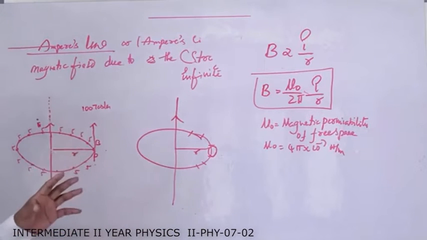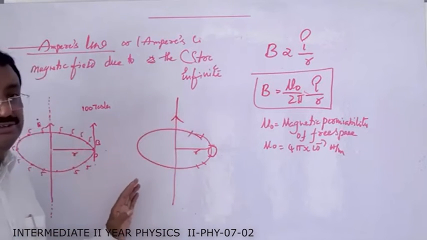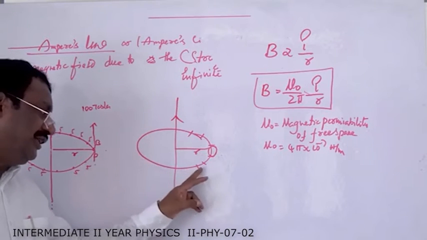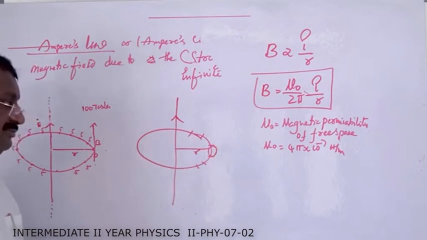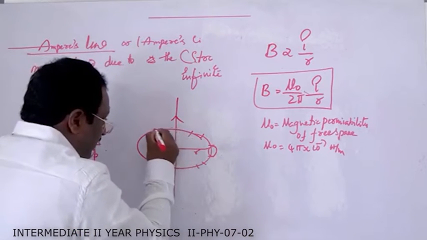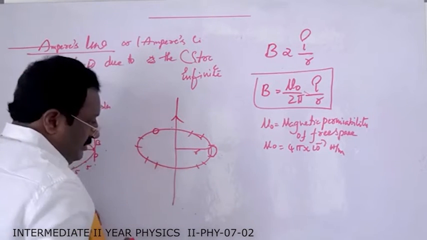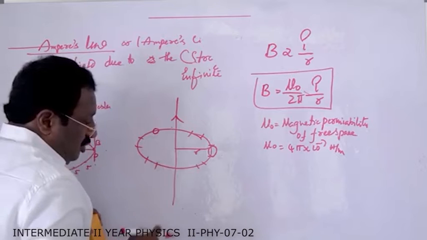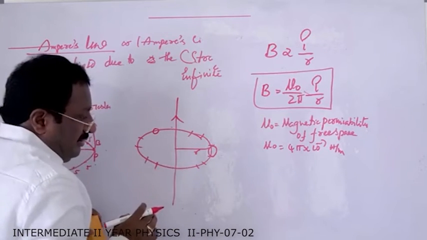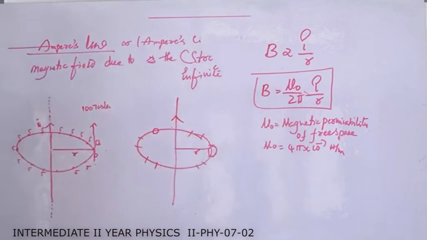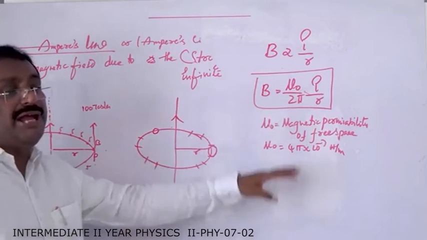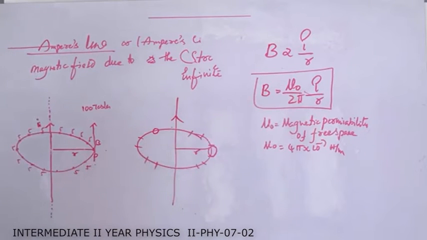The total magnetic field contributed by all these elements is the vector sum of the magnetic field due to each and every element. The total magnetic field due to the small elements is a definite value. The definite value is the line integral. So by taking the line integral, we can express the same Ampere's law in another form.